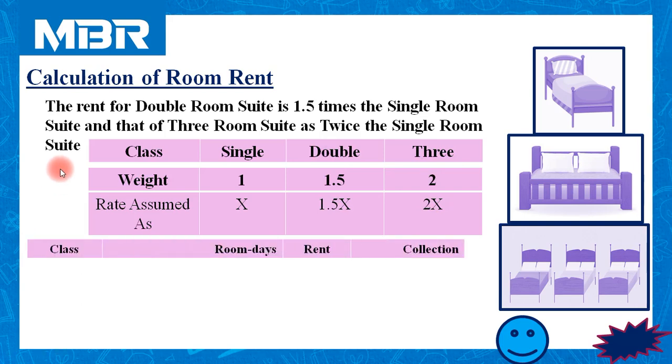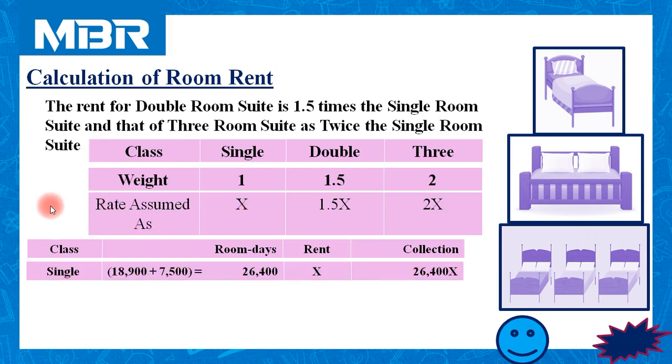Now the calculation of total collection based on our assumed rates x, 1.5x and 2x. For single room, we have a total of 26,400 room days, completed from 2 different calculations.